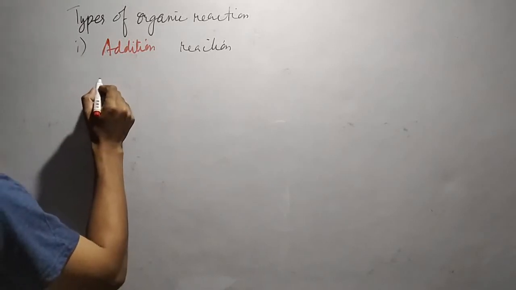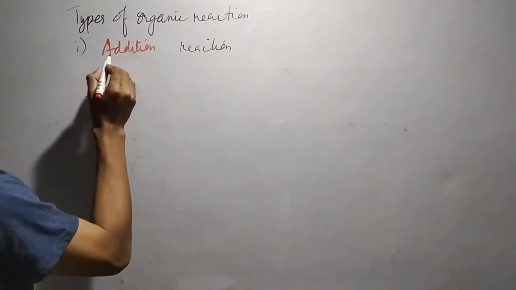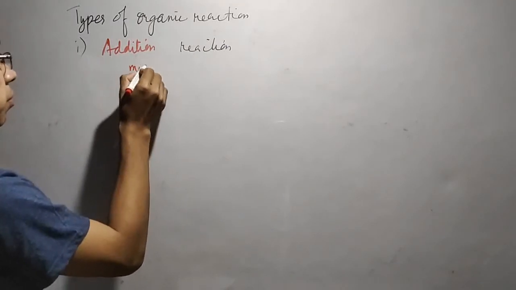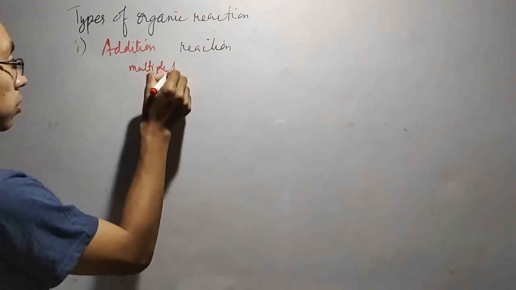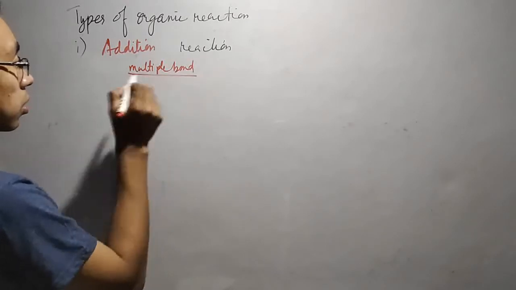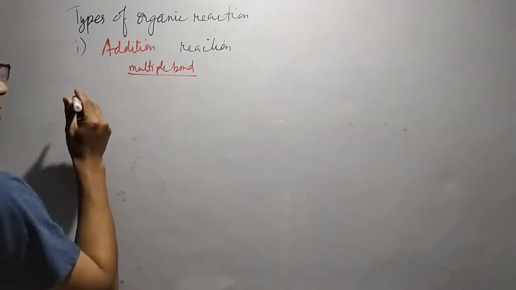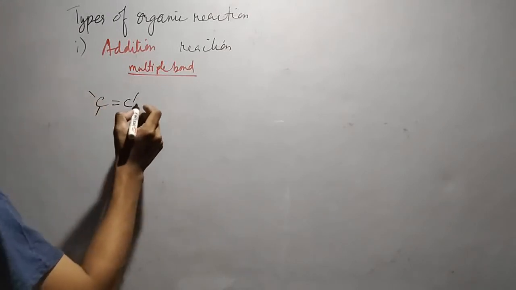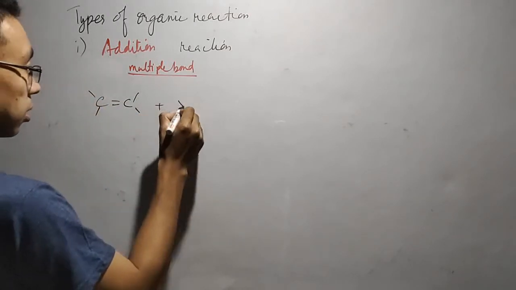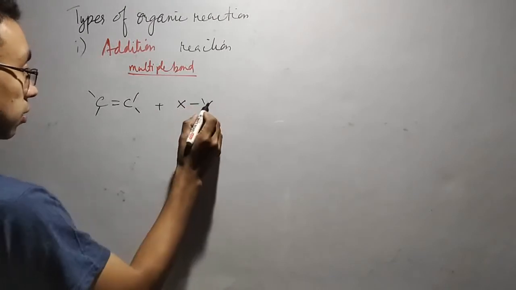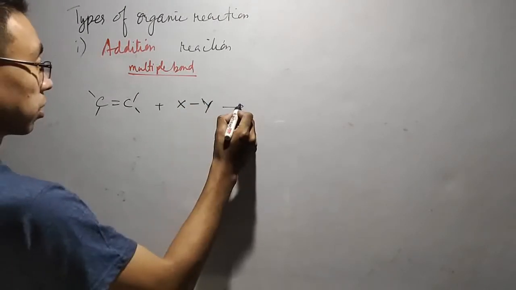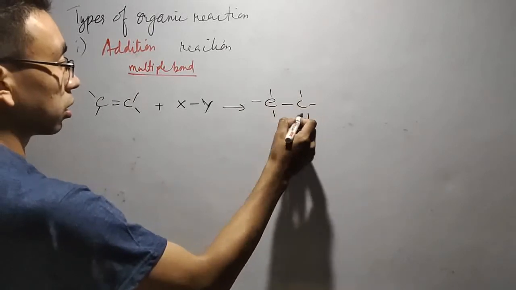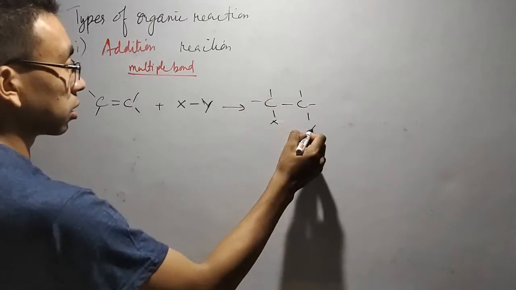In an addition reaction there should be a multiple bond present. Suppose we add X and Y, this XY molecule, and it will be like this.